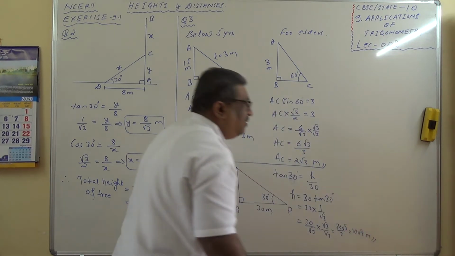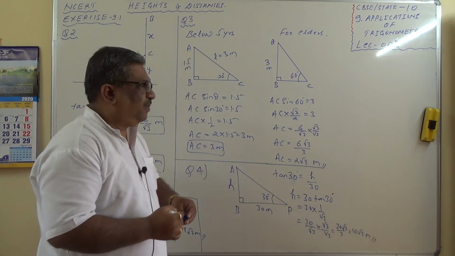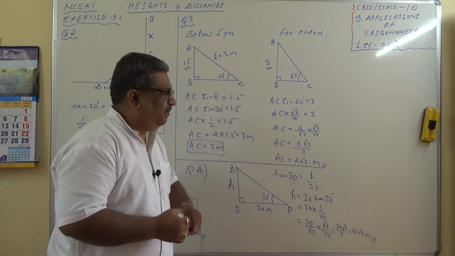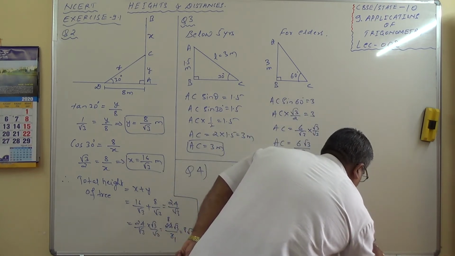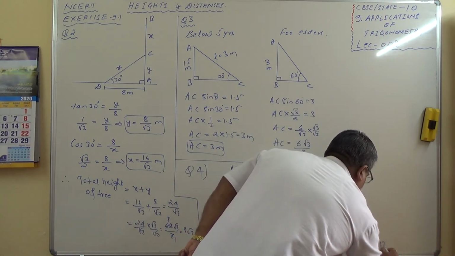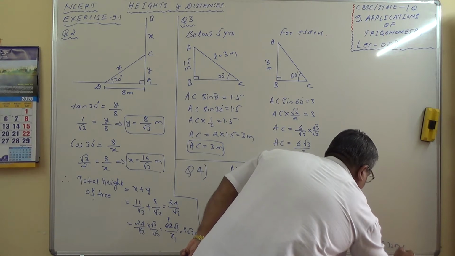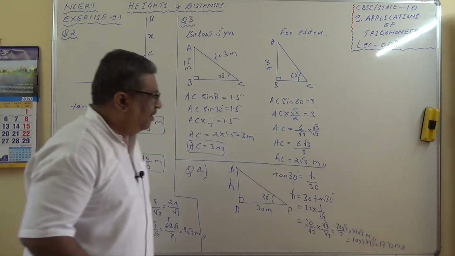If I take root 3 as 1.732, then 10 into 1.732 is 17.32 meter. Any one of these answers can be acceptable. Make a note of this one.